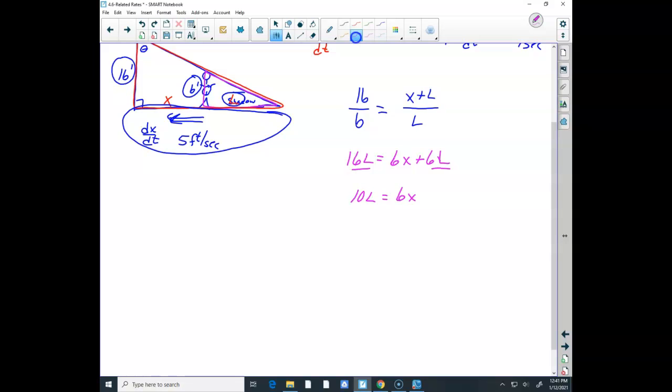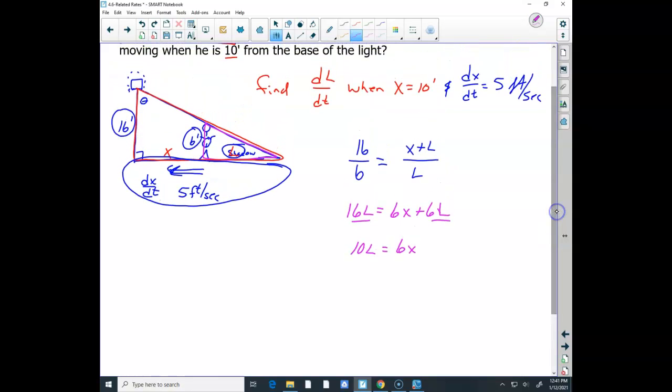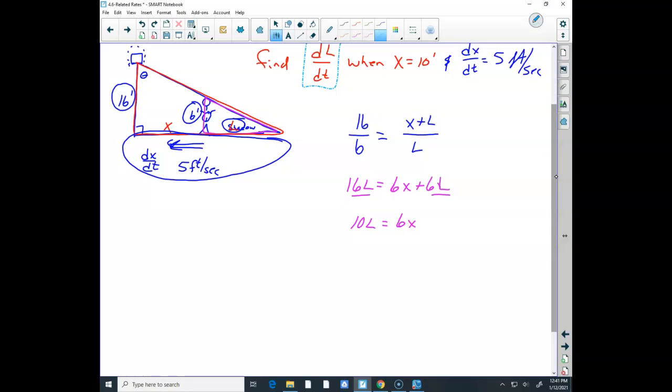I can get them on the same side, equal to 0. I can do whatever I want to do. But I know in the end, I'm going to have to solve for dL/dt. So I'm just going to leave my dL and my dx on opposite sides. But also notice, this appears to be more of a linear relationship now, doesn't it? So here, this is relating them.